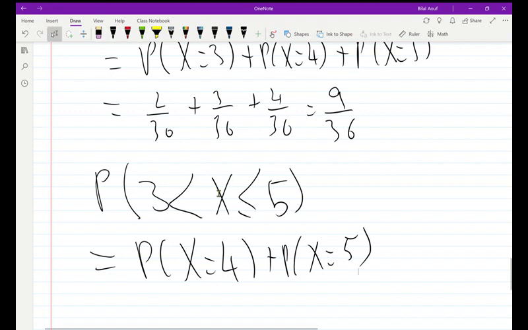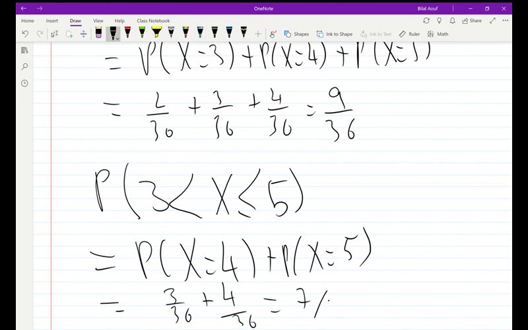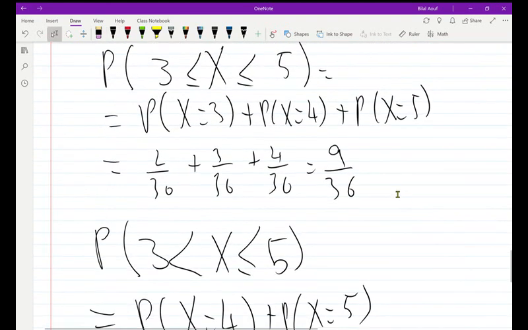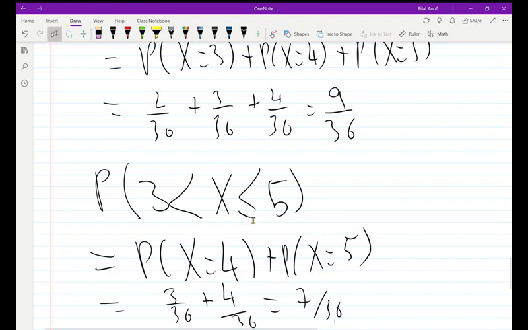Why? Because X is not equal to 3, so I don't have to calculate the probability of X equal 3. The only elements of this set are 4 and 5. It's equal to 3 over 36 plus 4 over 36, which is 7 over 36. Also, if I eliminate the equal from here, I have only 4, so no 5 here.